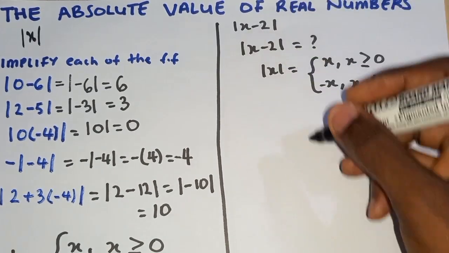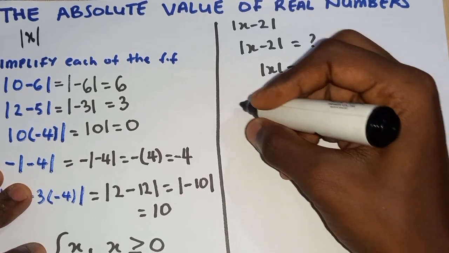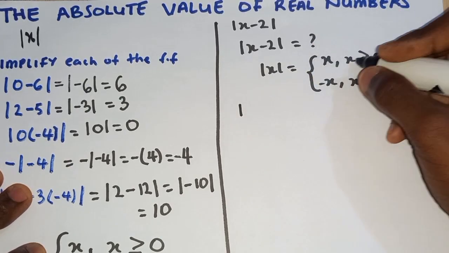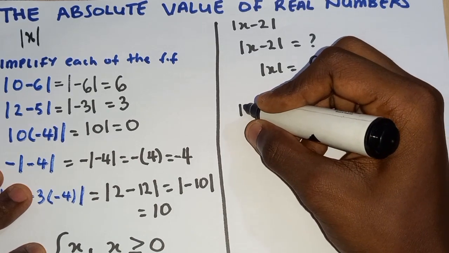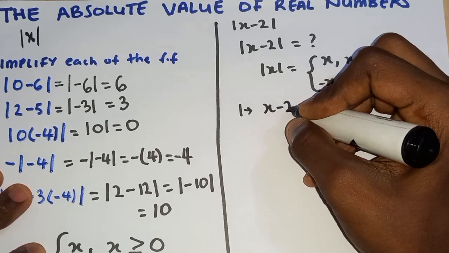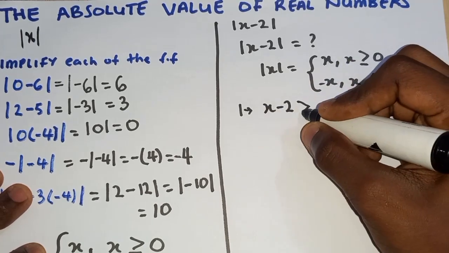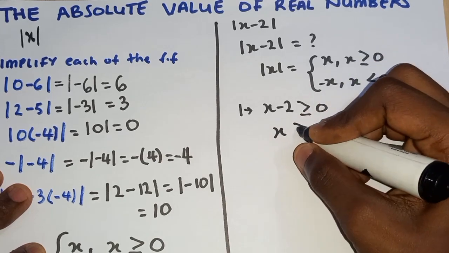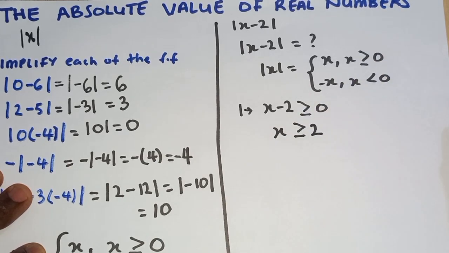So come back to this question. To solve for the top part, x minus 2 must be greater than or equal to 0. So let's find x. x is greater than or equal to positive 2.